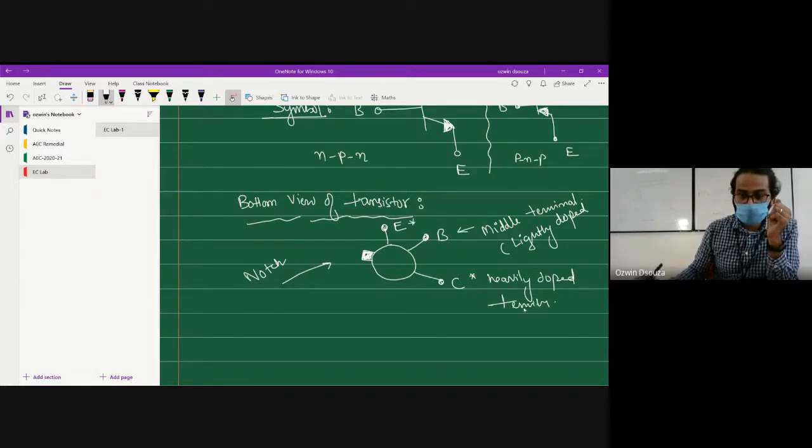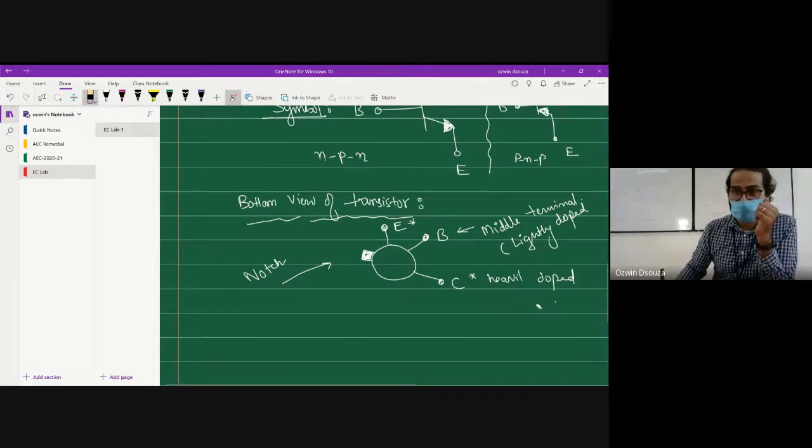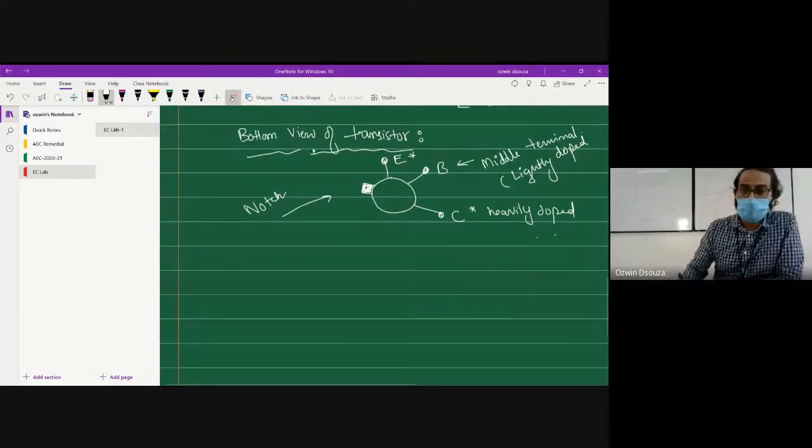You can call it a terminal, it's a layer. So heavily doped. This is how you identify the emitter, base, and collector terminals.